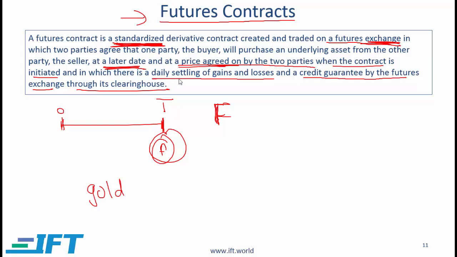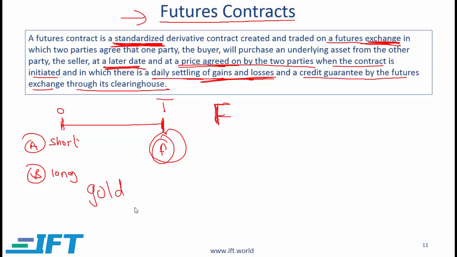This is another important difference. There is a daily settlement of gains and losses. Let's say that you have two parties, A and B. A is the party that is selling, so A is the short party, B is the party that is buying the underlying or getting into the contract to buy, so B is long.